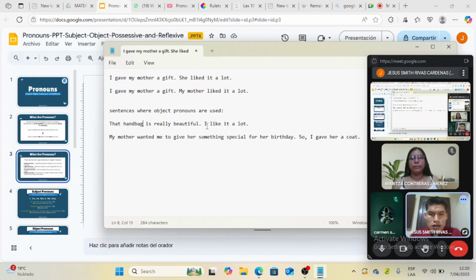So, to avoid repeating handbag in this second sentence, we use it. In Spanish, it could be translated as ese bolso de mano o cartera es muy hermosa. Me gusta mucho. So here it refers to the handbag.